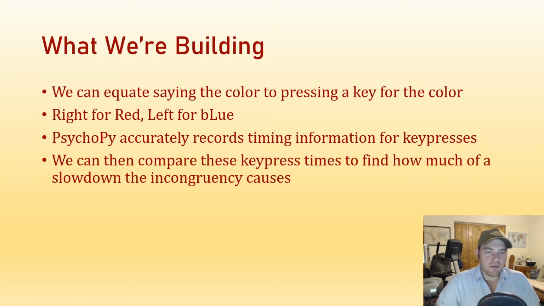So if I have the word red written in red, how much faster am I than if I have the word red written in blue? It's already starting to get confusing for me. So we'll see how I do when I demonstrate this for you.